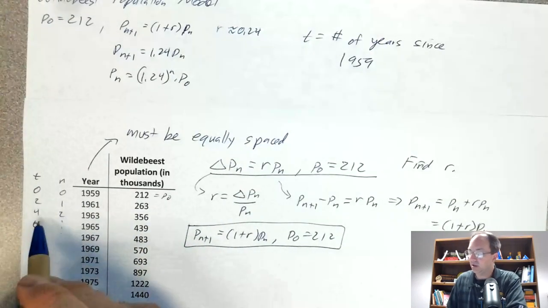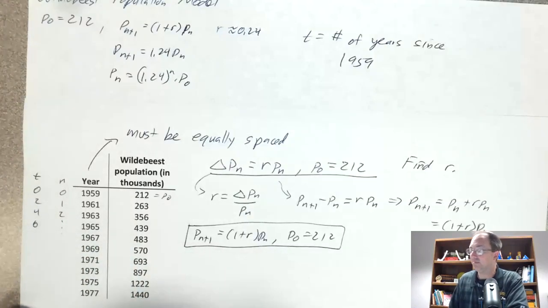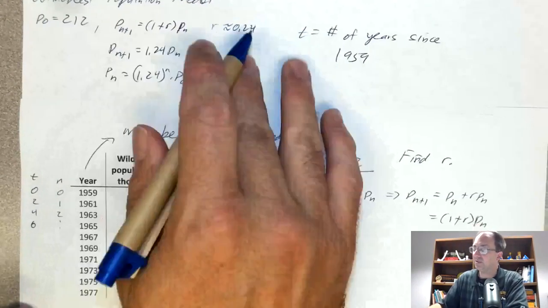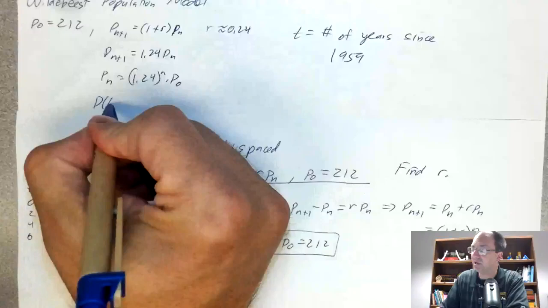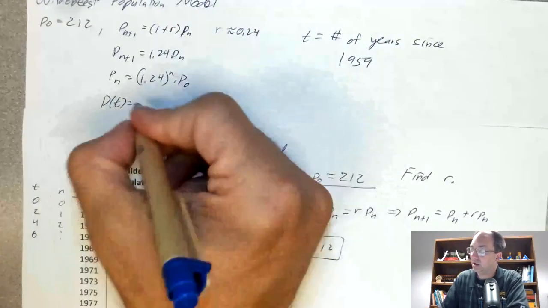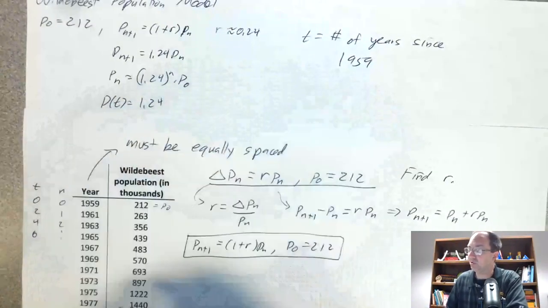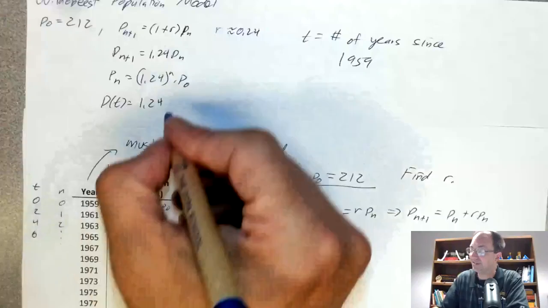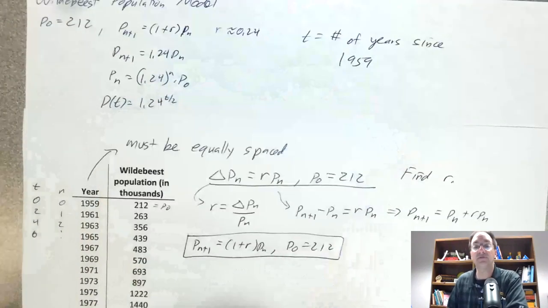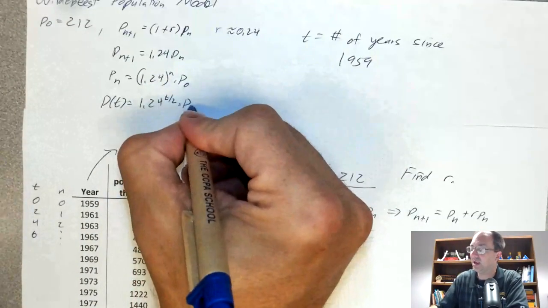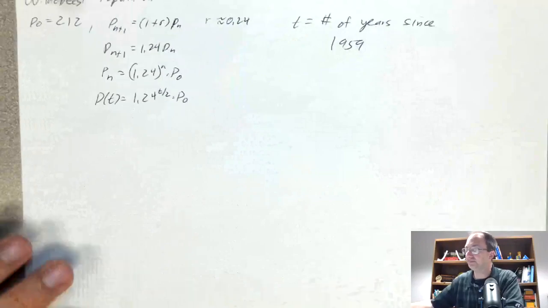And notice the t is just double the n. So if I wanted to convert this formula into a function, P of t, then I just need to do 1.24, and since the n is just t divided by 2, I replace it with t divided by 2, and now I have my model.